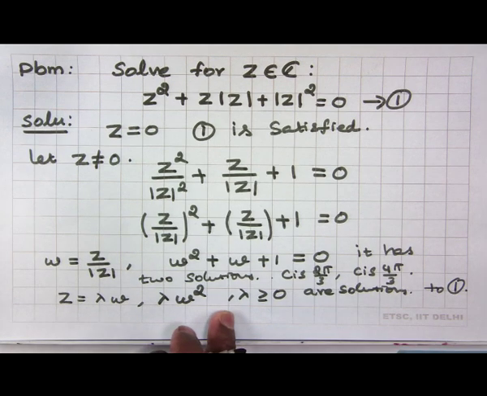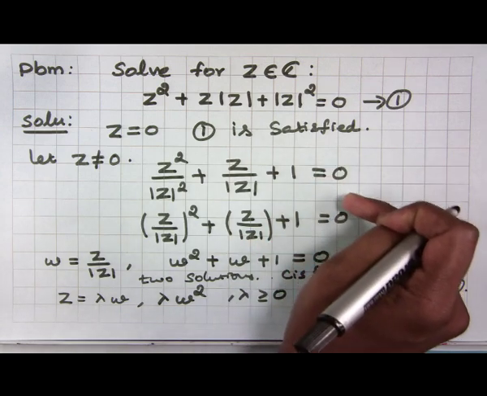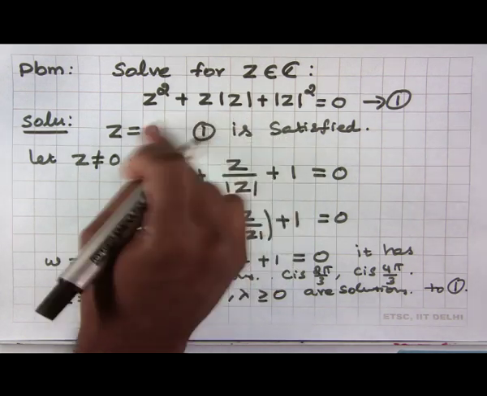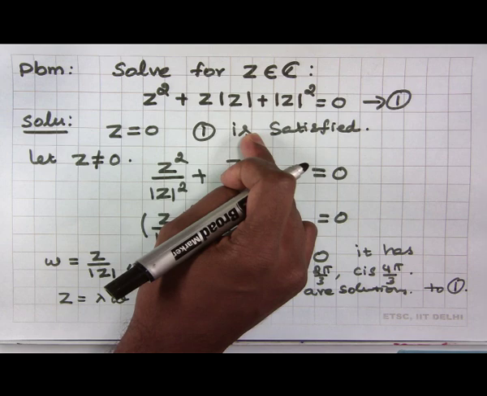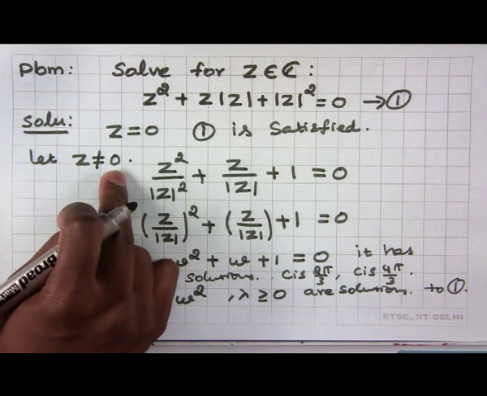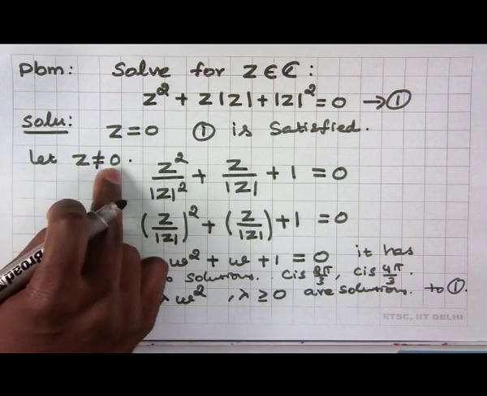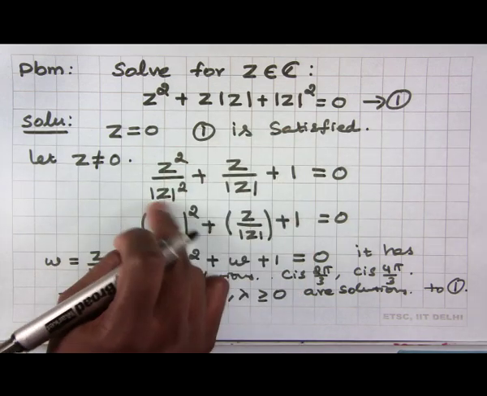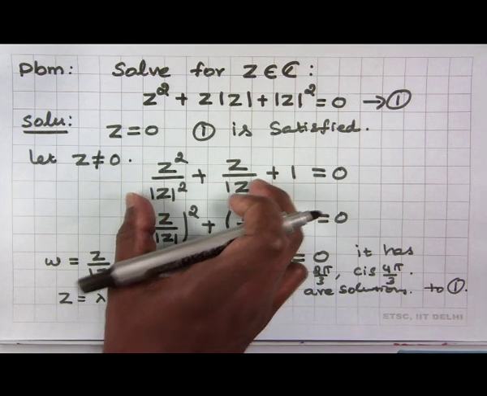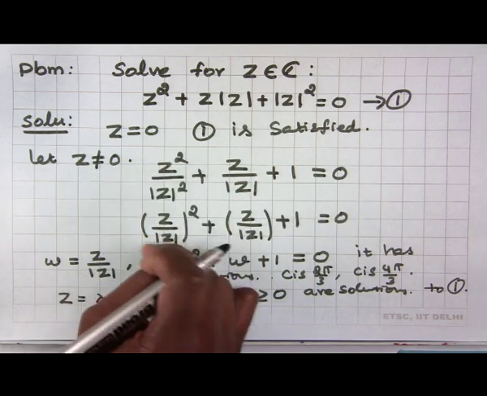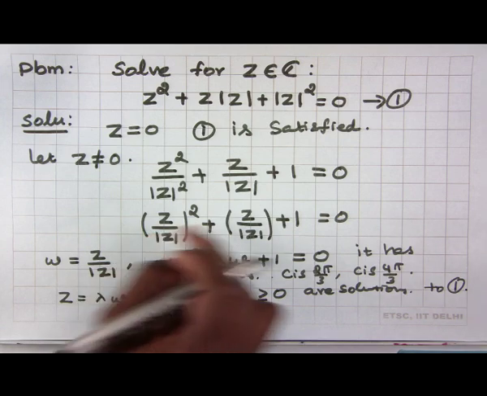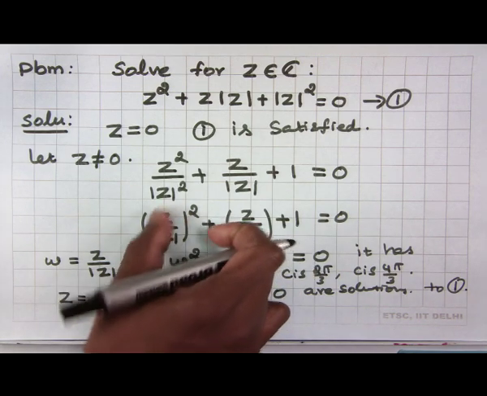Let me again repeat what we have done. First we observed z equal to 0 is a solution, and then we look for a non-zero solution. Once we assume z is non-zero, we are able to divide by mod z, which means our equation scaled onto the unit circle, because whatever complex number satisfies this equation has modulus 1.